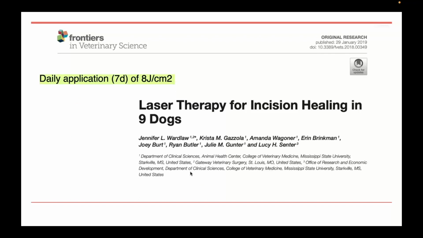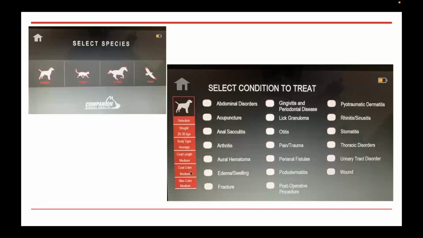Other studies have found beneficial effects with higher doses, like the paper we mentioned with dogs treated after hemilaminectomy. They were treated daily for a week with a dose of 8 joules per square centimeter, and they got excellent results with that.